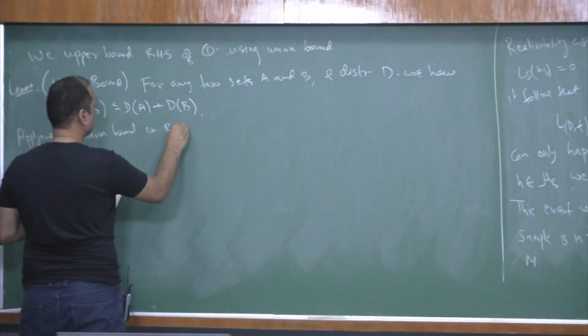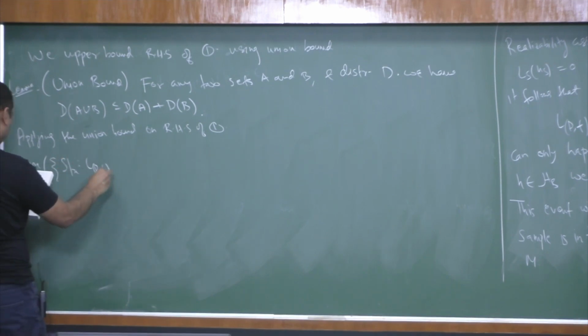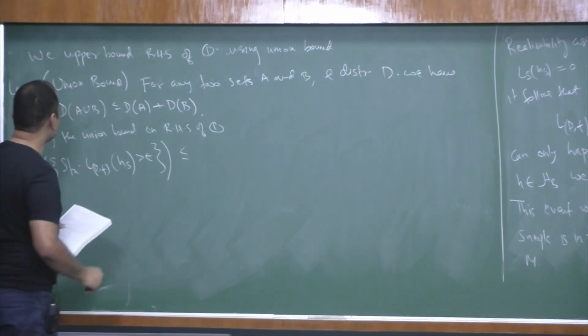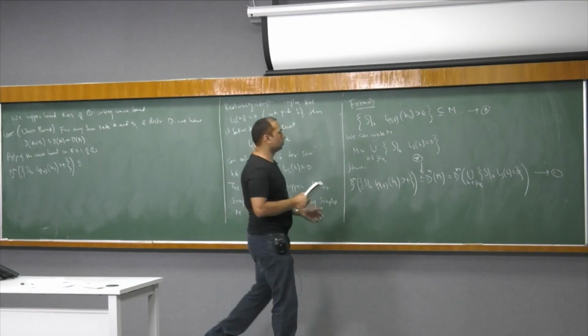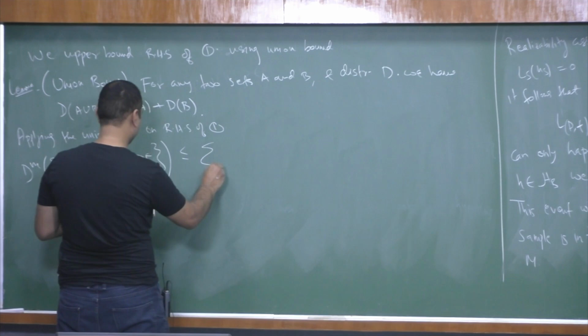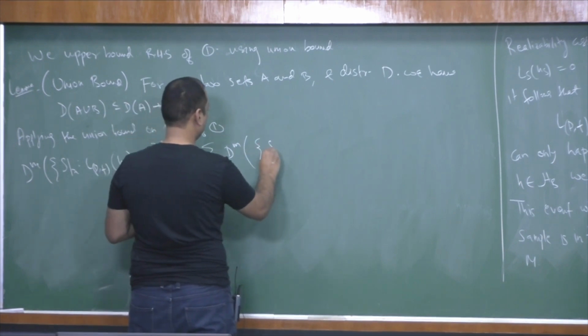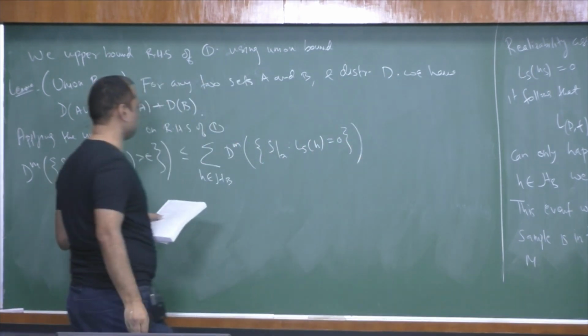on the right hand side of 1. What we get is that D^m of {S_x : L_{D,f}(h_S) > epsilon} is less than or equal to the sum of the probabilities, so the sum over h in H_B of D^m of {S_x : L_S(h) = 0}.